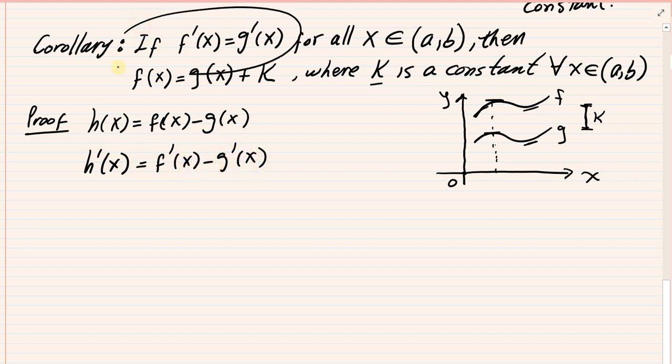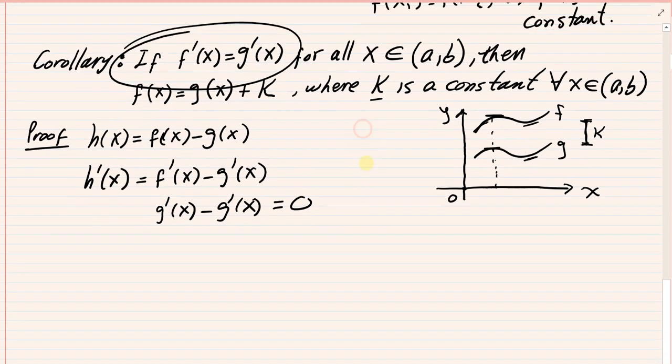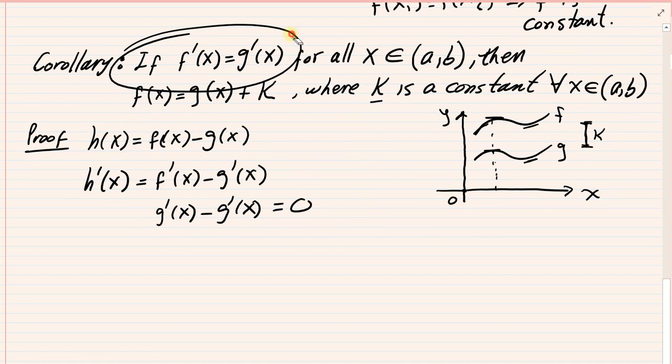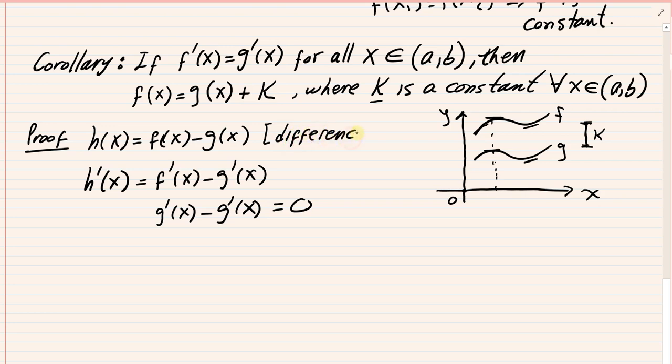But then we were told, that's the hypothesis of this theorem, that f prime x equals g prime x, therefore what that means is that you can replace f prime x by g prime x, and the difference will be 0, of course, right? g prime minus g prime is 0. So we just showed that h prime of x is 0. And remember, h of x is the difference function. That's what that is. The difference function has the derivative that is 0.